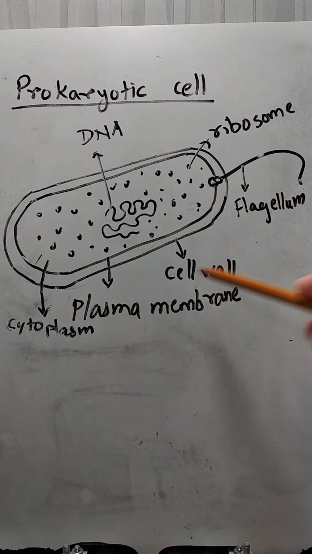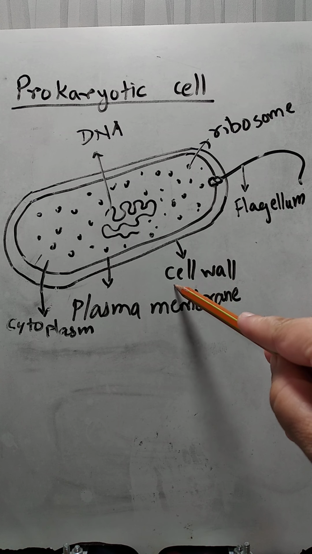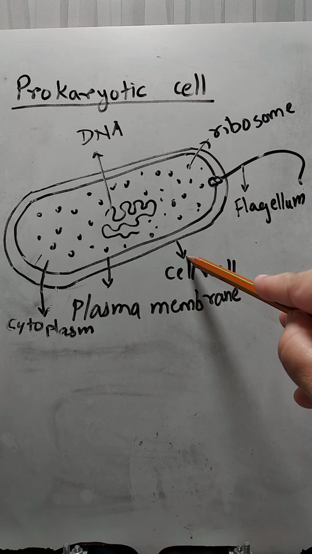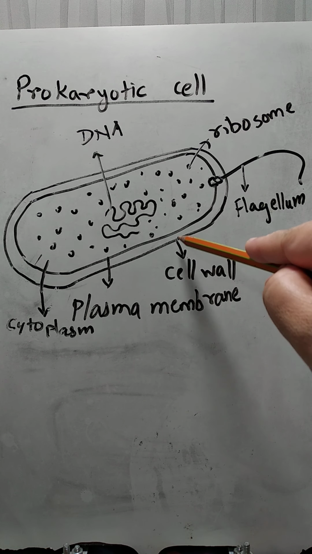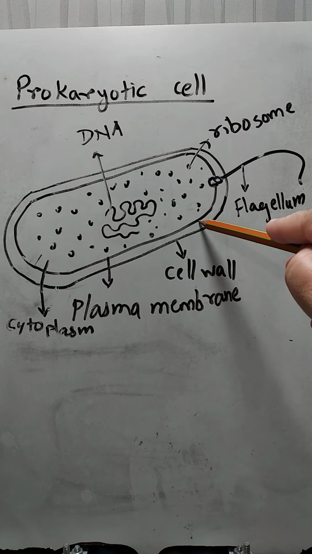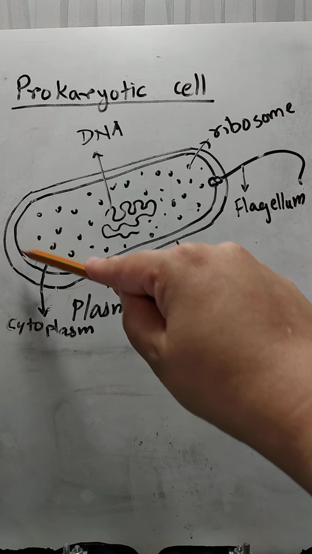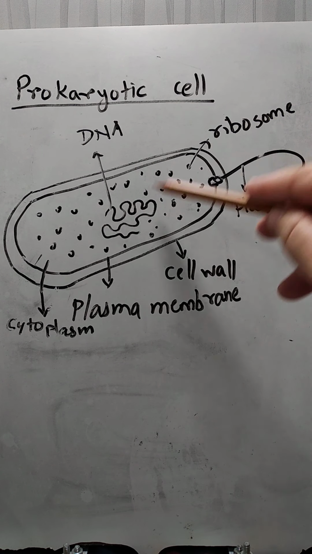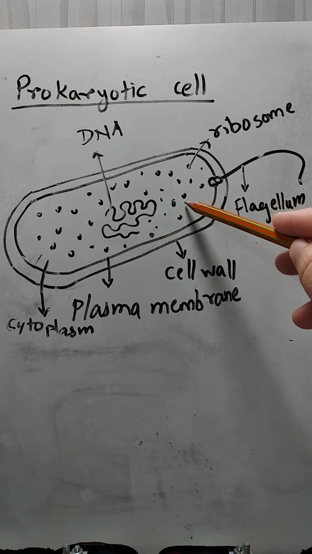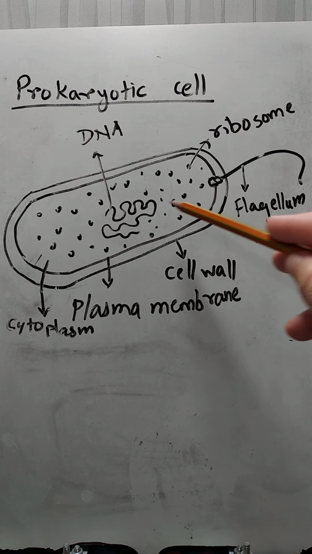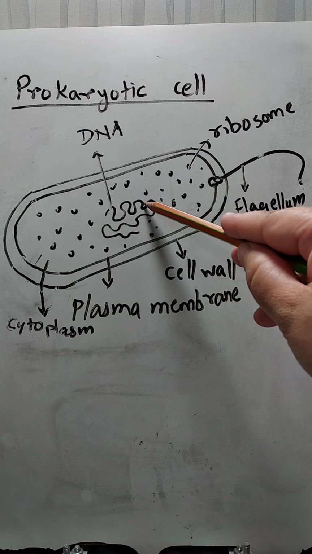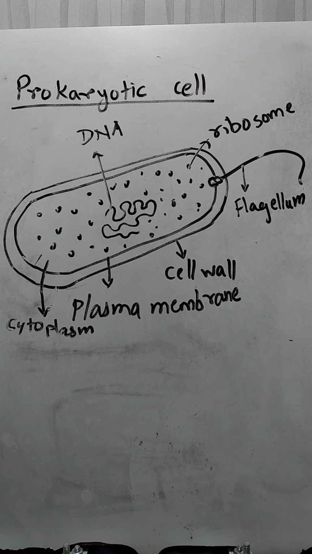This is a prokaryotic cell, which consists of a cell wall, the outer protective layer. Inside the cell wall, the plasma membrane or cell membrane is present. Then the dense fluid is present in which ribosomes and nuclear material float, right?